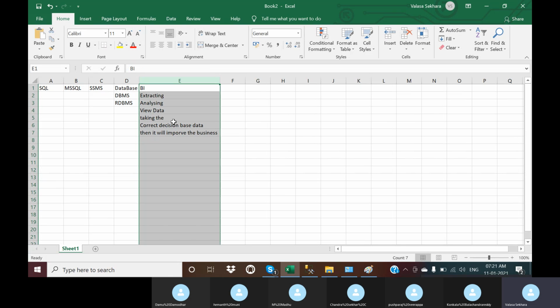So this is nothing but BI. Extracting of the data, then analyzing. Extracting of the data means extracting the data from the various sources.